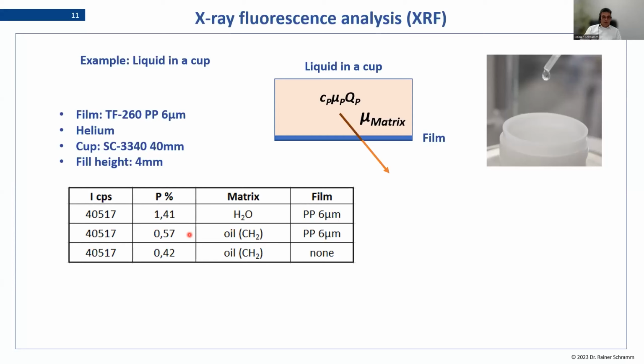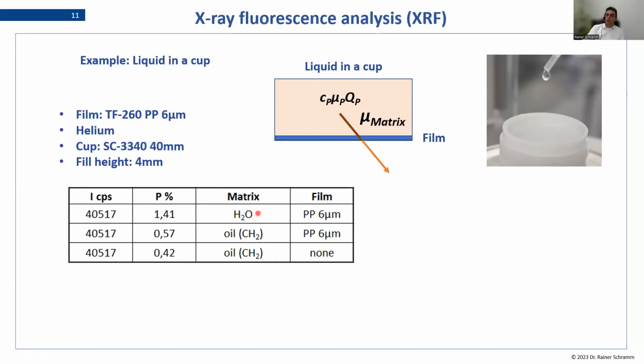The fundamental parameters look at the absorption of the X-rays going in and out. And the moment I change the matrix, there will be a completely different sample matrix. That means while the hydrogen is the same in both, the oxygen and the carbon will be different. Oxygen is on the right of carbon in the periodic table.